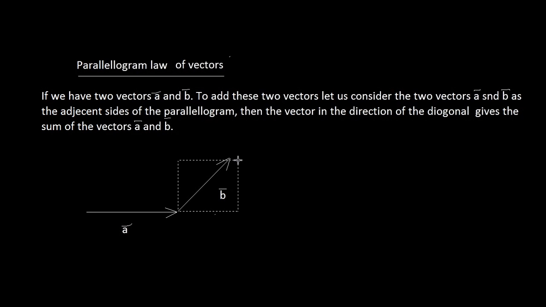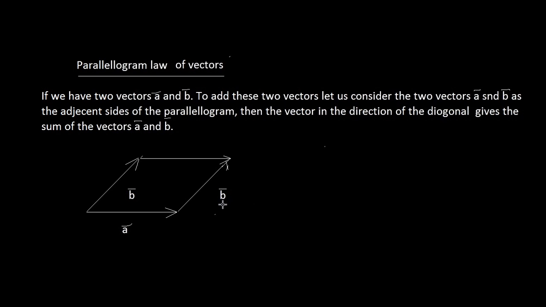Now these two become the adjacent sides of a parallelogram. Now let us complete the parallelogram. This is the complete parallelogram using two vectors A bar and B bar.